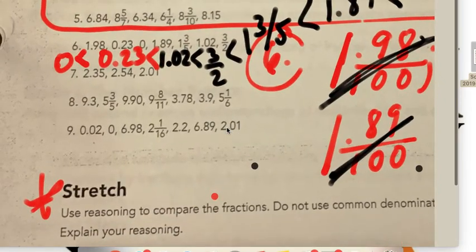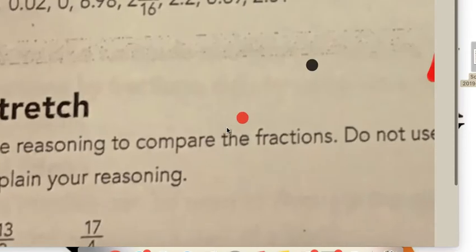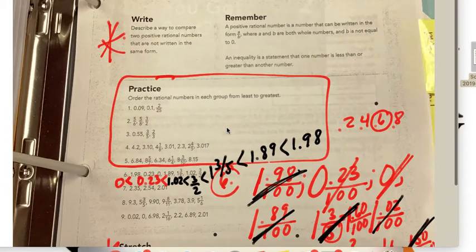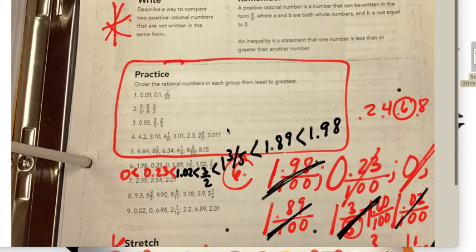The stretch, you can do your comparison. It said just do not find a common denominator. So you could do a couple things. You could, let me zoom out, kind of cut it off here. But number 1, I'll write it up above. It says 13/3 and then 17/4.